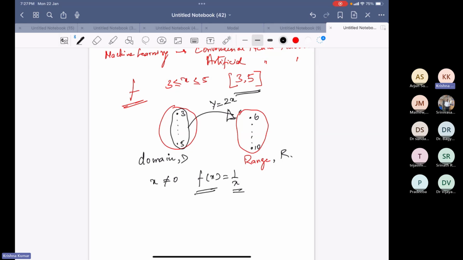So I may say that it's all fine as long as you don't put x equal to 0. Sometimes we don't even mention it, in which case we call this the natural domain. The natural domain for 1 by x is one which excludes x equal to 0.